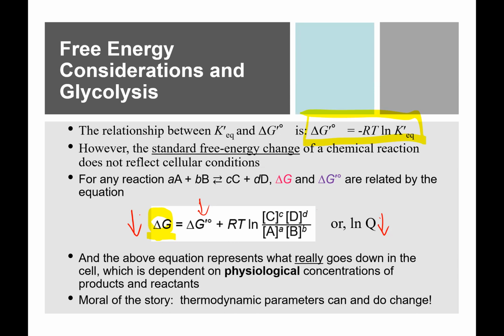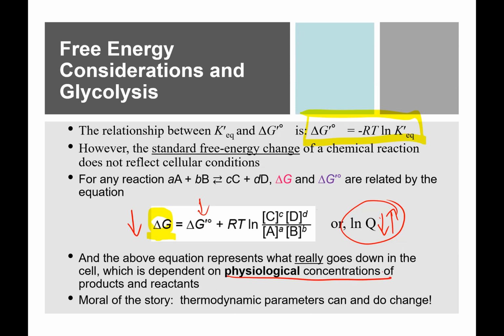We're going to see that a number of reactions in glycolysis are reversible. Therefore, their direction can be changed by changing values of the ratio of products to reactants. So these are physiological concentrations found in the organism, right?